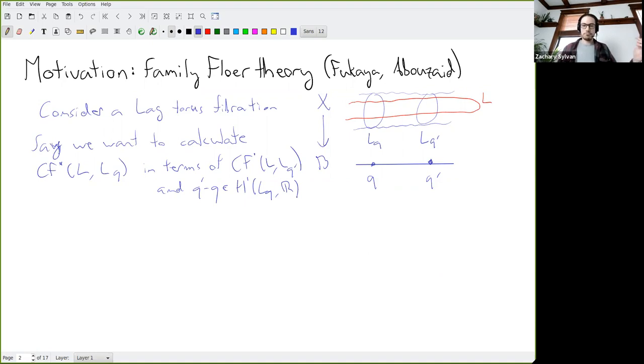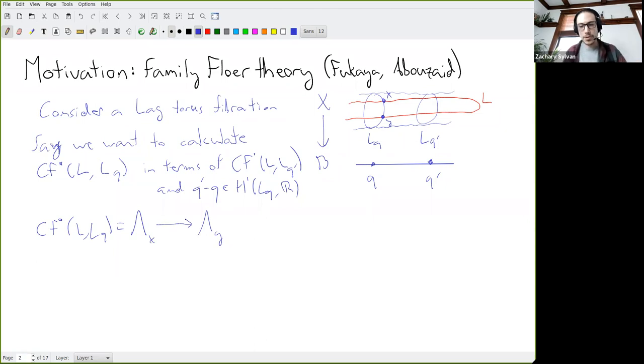Okay, so let's try it. In this case, we have two intersection points, x and y. So CF upper star of L with L_q: we have some copy of the Novikov field associated to x, and one associated to y.